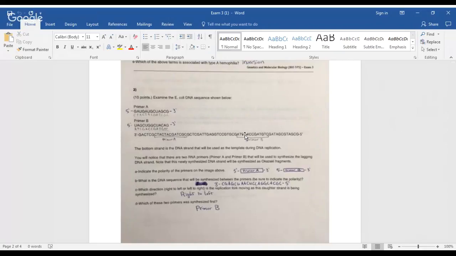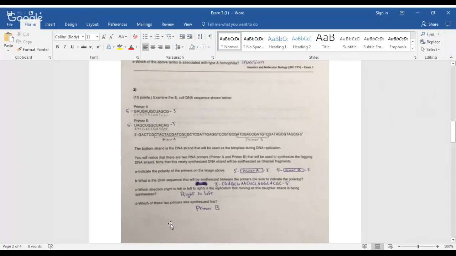Okay, so that's A. Part B is what is synthesized, and so we start at the 3' end, we got a CGA. So you can see the G and the C and the T turn to CGA, and you just go this way.